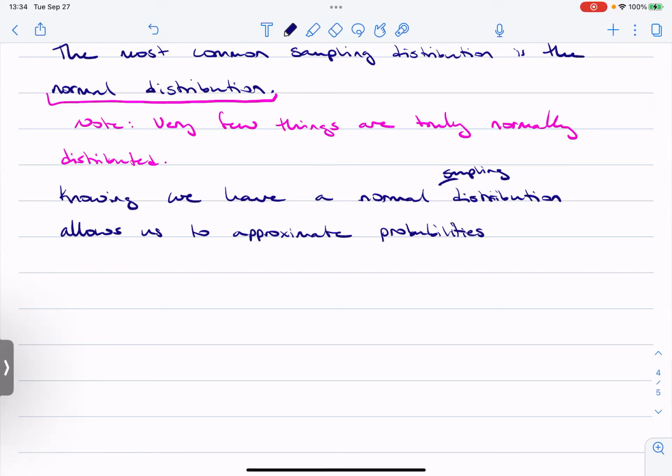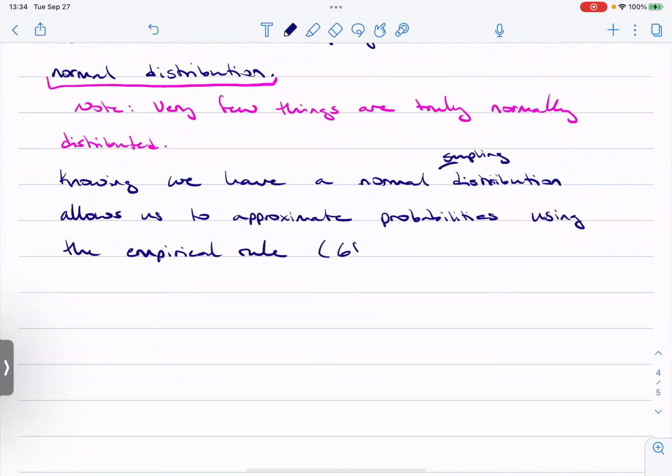We'll never use something silly like a Z table again. We'll use R if we have to, but usually as long as we can give rough approximations for these probabilities, that's good enough. Using the empirical rule, which remember is the 68, 95, 99.7% rule.